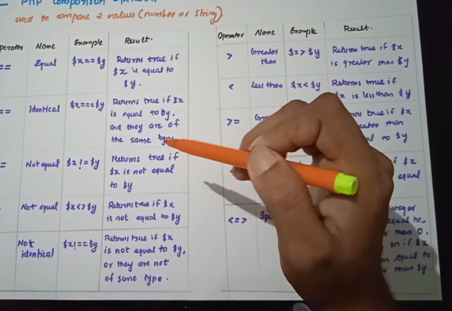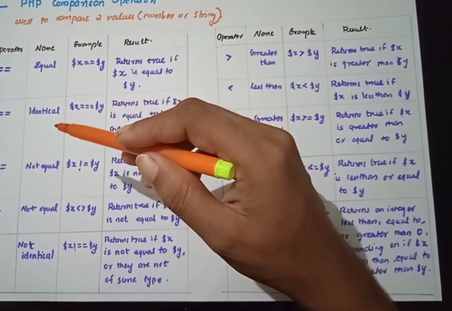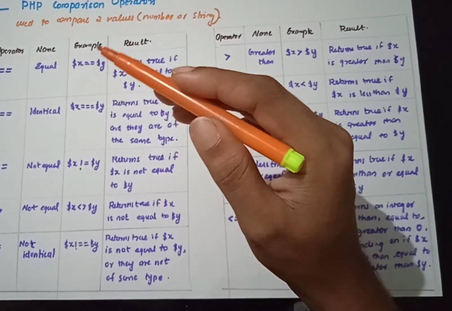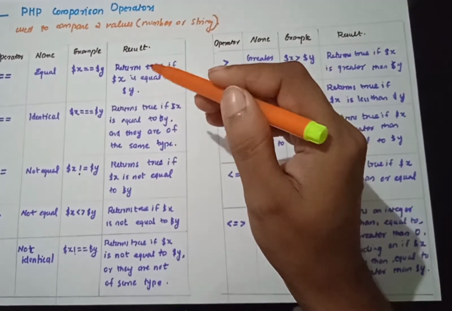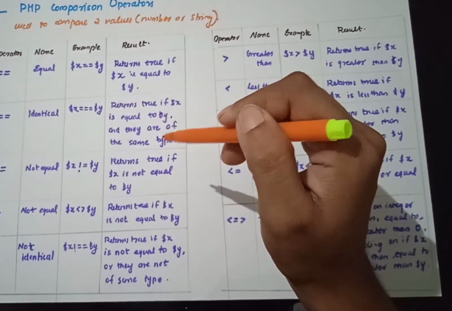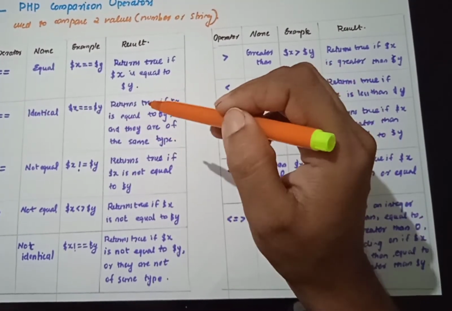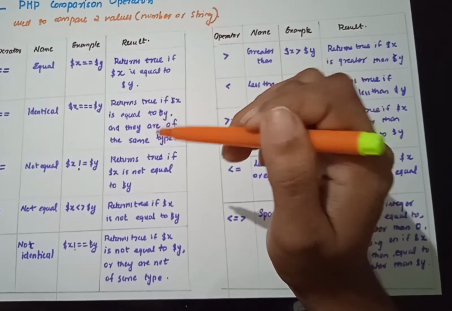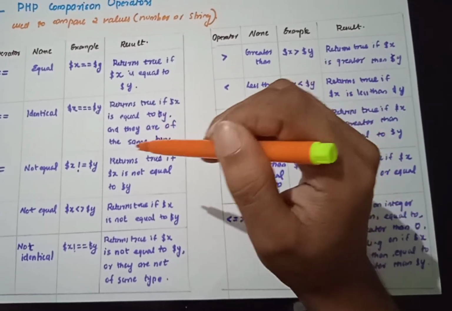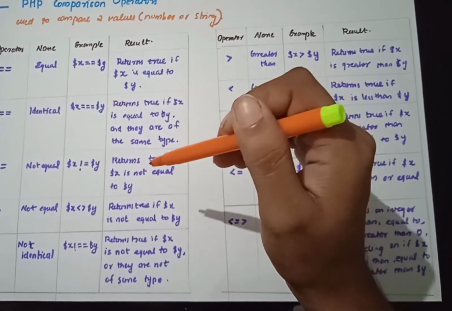So that is the difference between the equal and identical operators that you all need to keep in mind: equal just checks whether they are equal, whereas identical will also check whether they are the same type, and returns true only if they are both the same type.